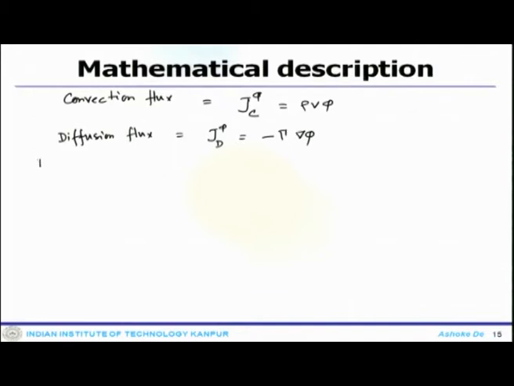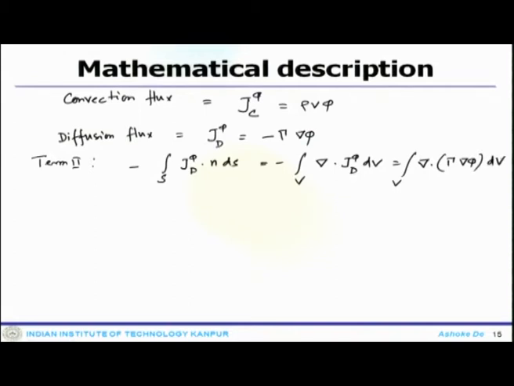So my term 2 becomes minus the surface integral of J phi dot dS, which is del dot J phi, the diffusion flux, dV, and if you write over volume it is del dot gamma del phi dV.